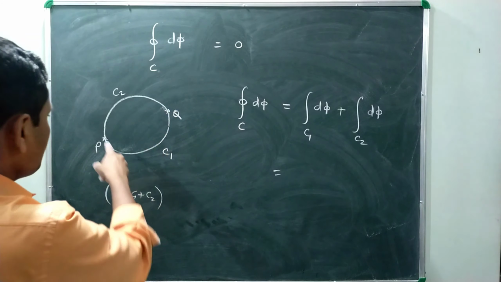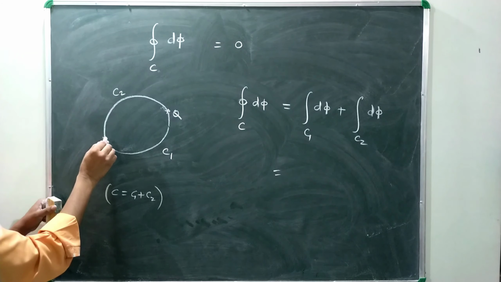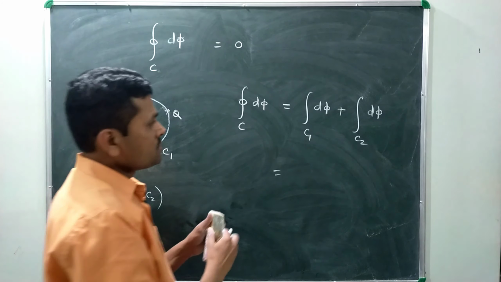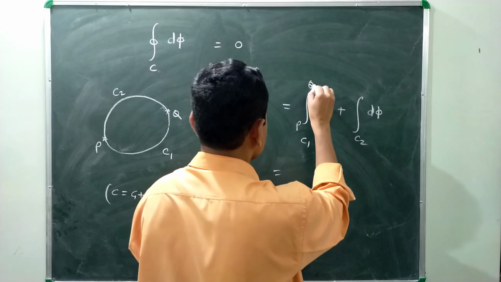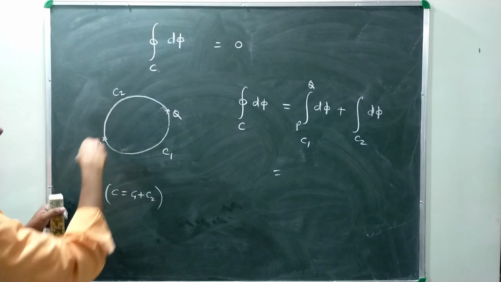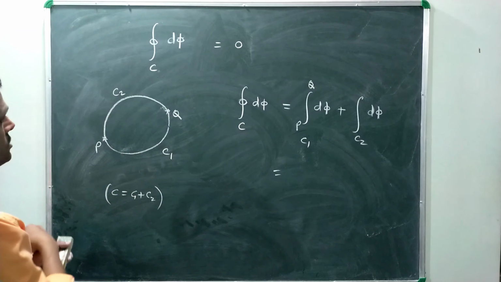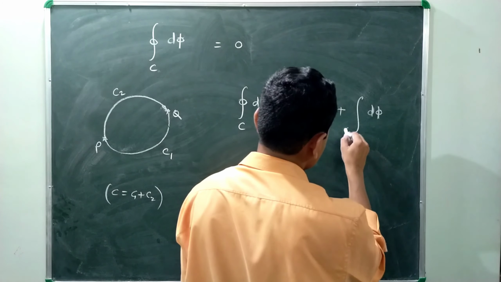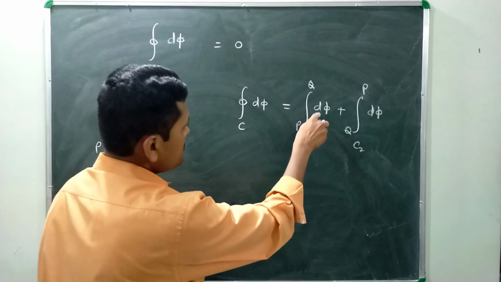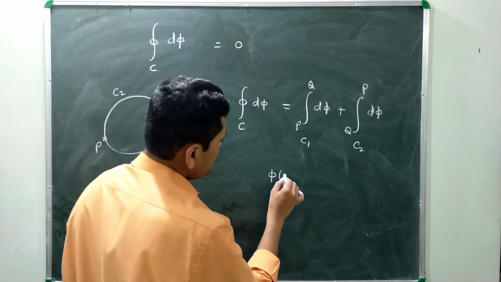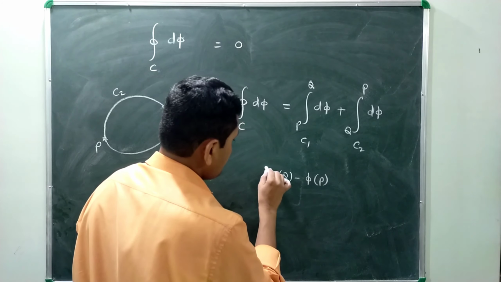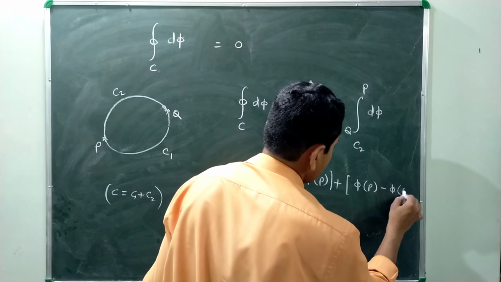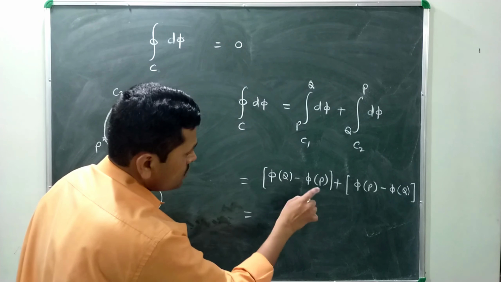And along this curve C1, the lower limit of integration is P and the upper limit of integration is Q. So this integral is from P to Q, and in the second integral, means the integral of d phi along this curve C2, the limit of integration will be from Q to P. Now the first integral will be equal to phi Q minus phi P, and the second integral will be equal to phi P minus phi Q. This means this will be equal to 0.